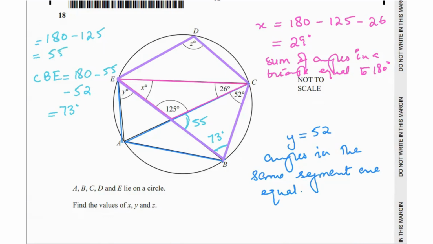So that means this angle and this angle will add up to 180. In a cyclic quadrilateral, opposite angles always add up to 180. So Z can be 180 minus 73, which is equal to 107 degrees. So cyclic quadrilateral is the reason for this.